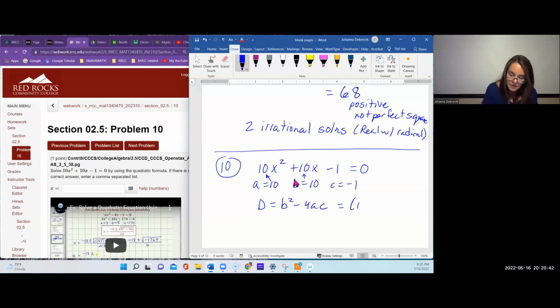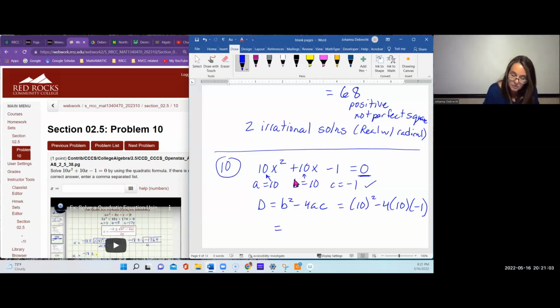This becomes 10 squared minus 4 times 10 times c, which is a -1. Be very careful with the signs on A and C. Notice that it is solved for 0. It has to be in that form before we find A, B, and C.